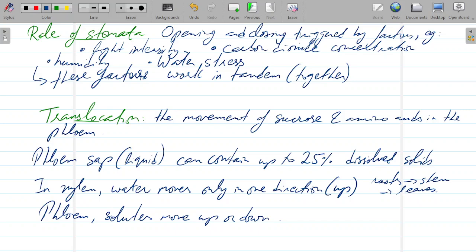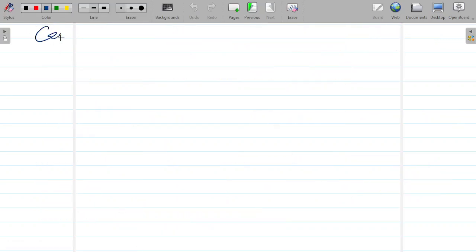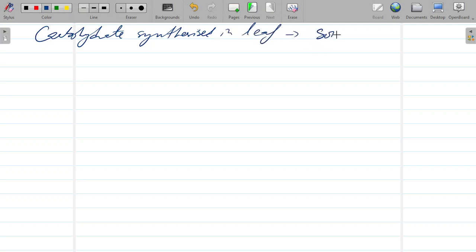Now there are two linked terms that you need to know over here, and that is source and sink. In this case, the area where the carbohydrate is synthesized, that's the leaf where photosynthesis is taking place. So carbohydrate synthesized in the leaf, that is called the source.